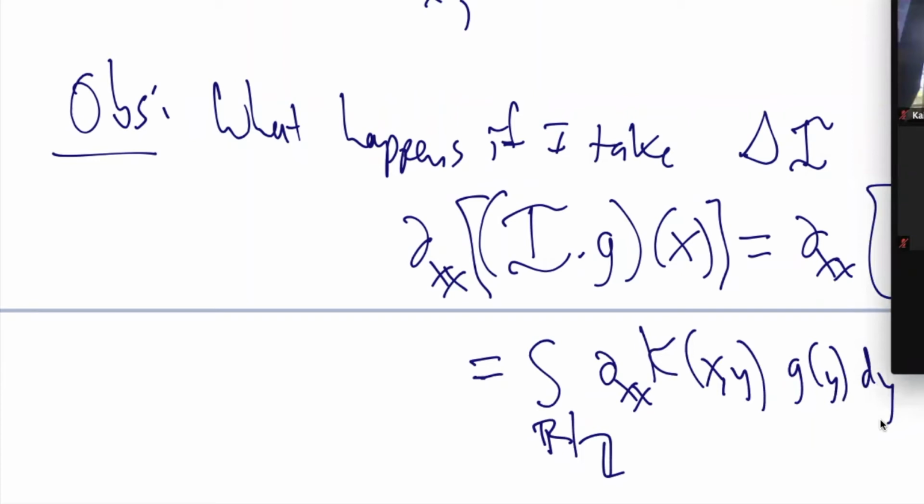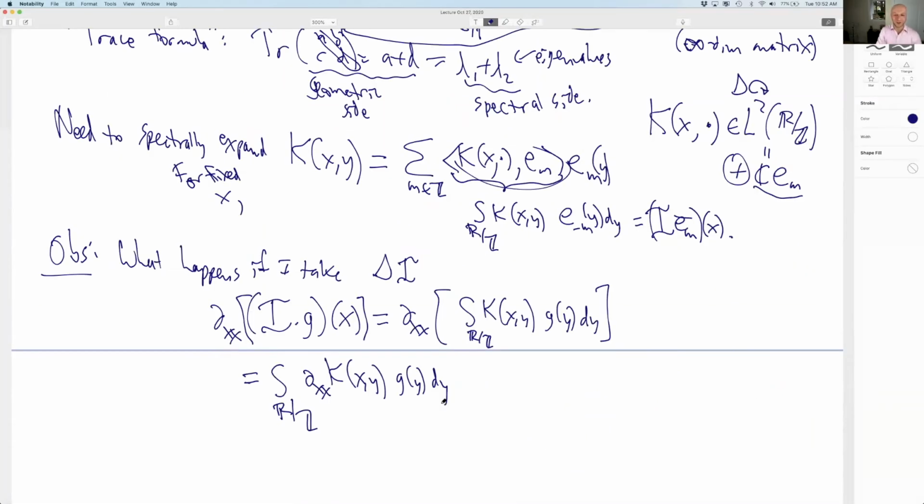Now, what is a derivative with respect to x? It means you wiggle x a little bit and take a limit, right? Let's look at just one derivative. This is the limit of K of x plus something little, y, minus K of x,y, over h, as h goes to 0.